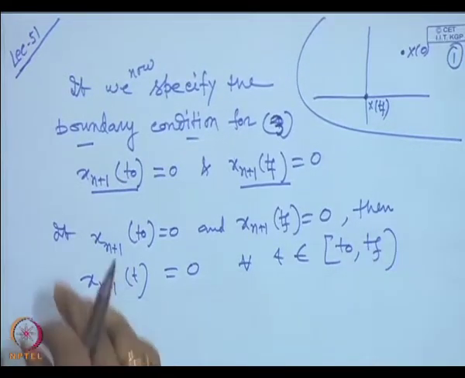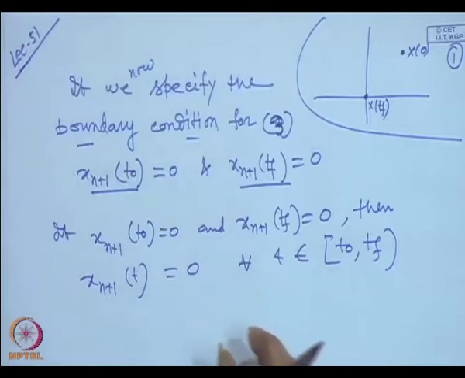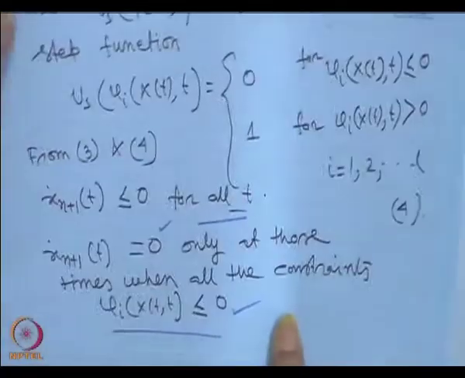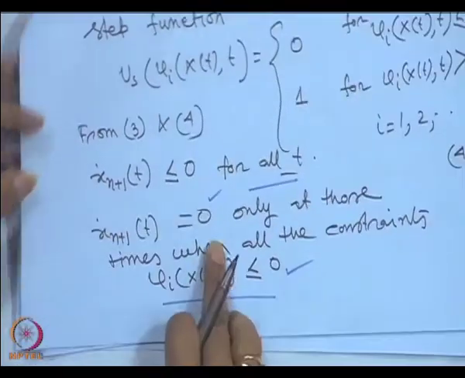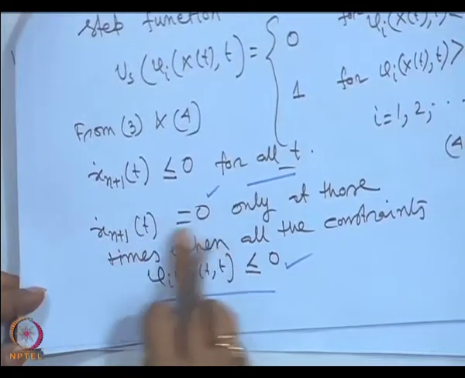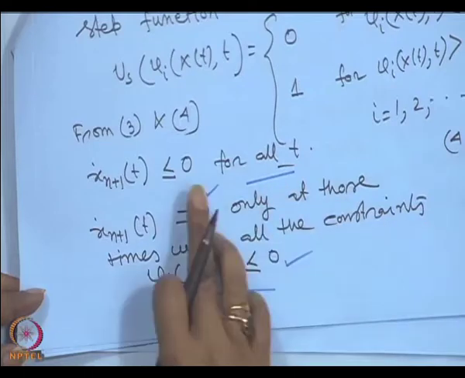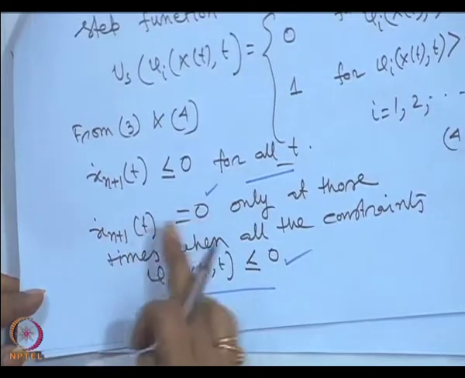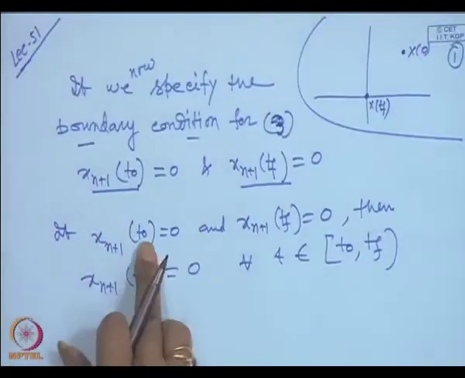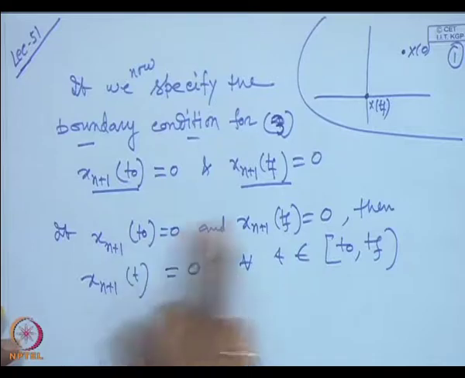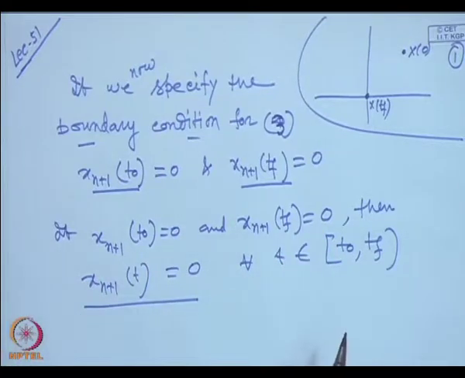How is it? Because if you see the dynamic equation of x n plus 1, this is equal to 0 when all the constraints are satisfied. Now, if you integrate this, you will get 0, provided x of t 0 is 0 and the final condition is also 0. So for all the time this will be 0.